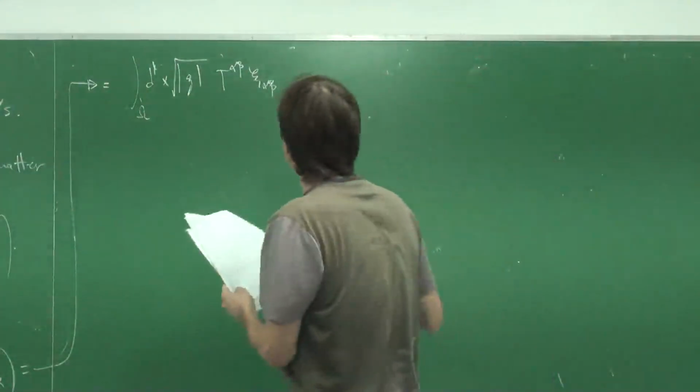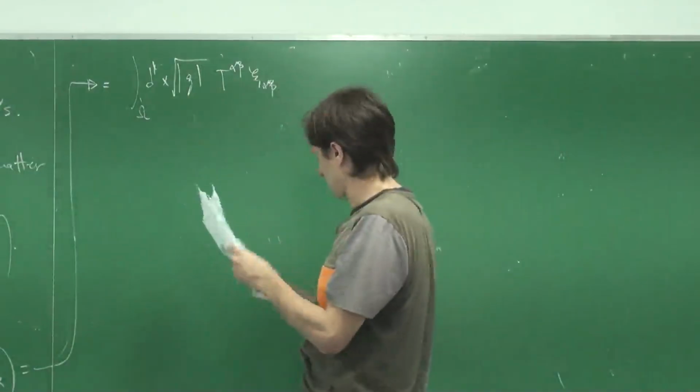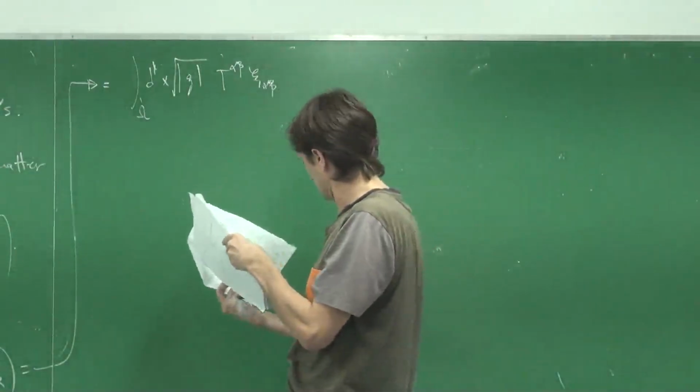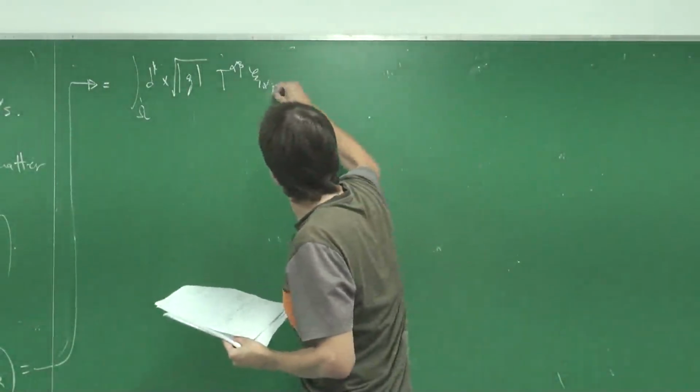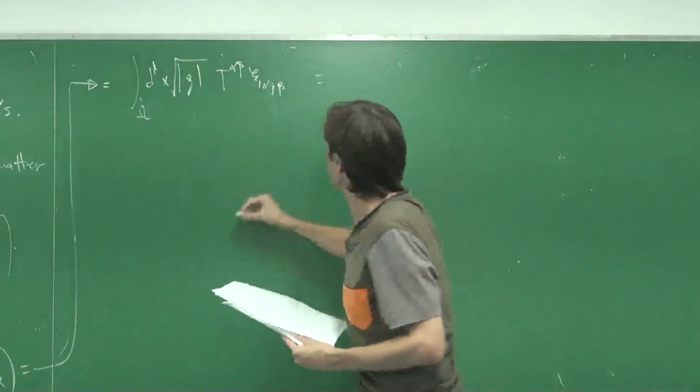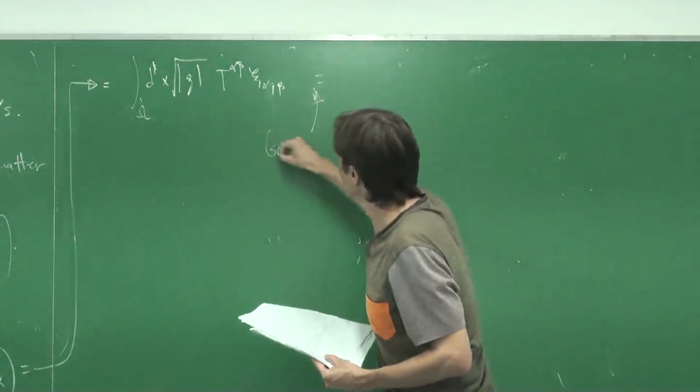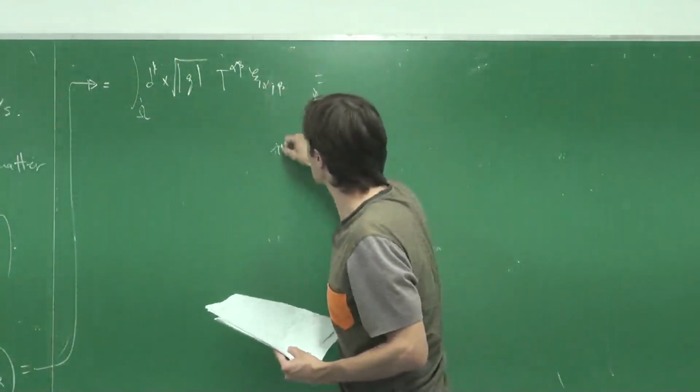And now this is the covariant derivative with respect to beta. And now we use the usual thing, you do integration by parts.